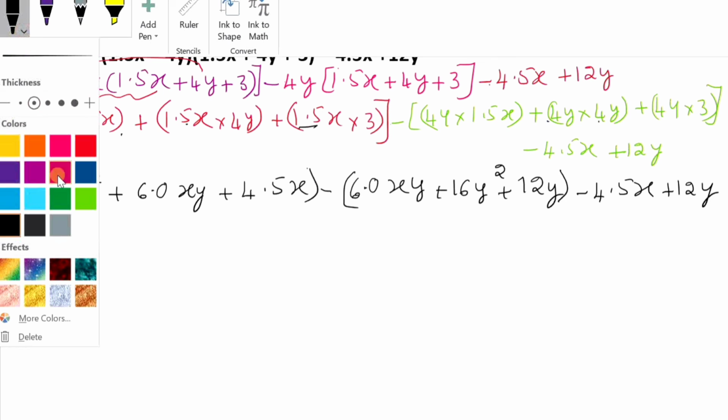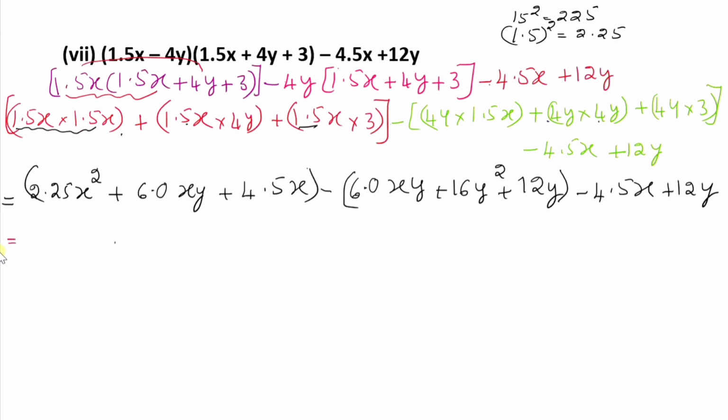Then the terms within the brackets will have different signs. Now it is 2.25x square plus 6xy, 6.0 I write it as 6 only, plus 4.5x, minus 6.0 is written as 6xy.